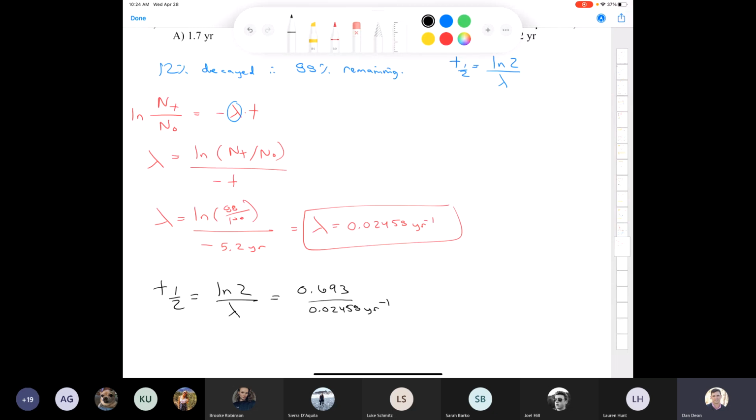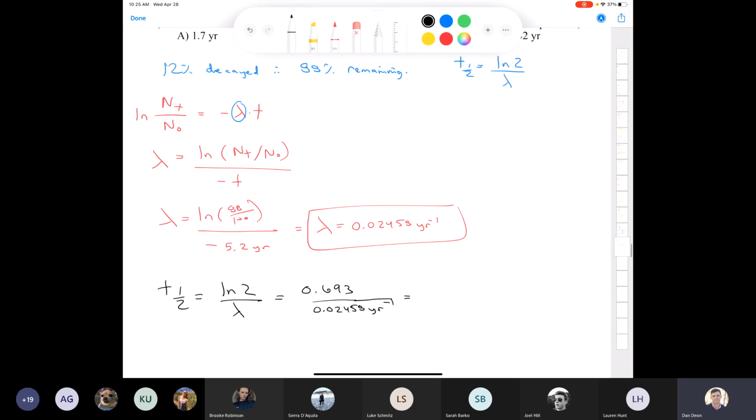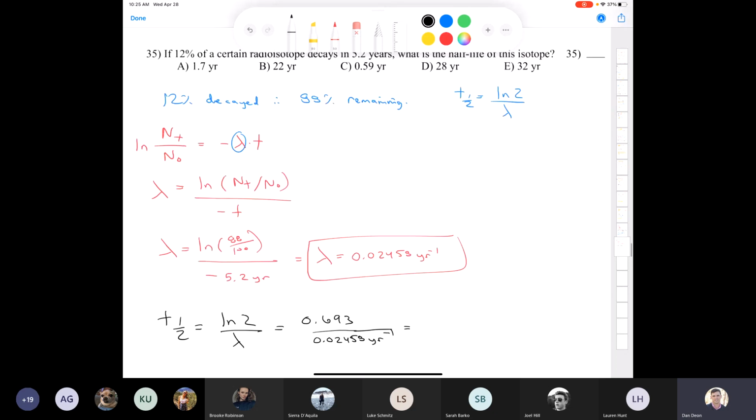My final answer should only have 2 sig figs, right? If I have reciprocal years in the denominator, my final answer will be in years. And I ended up with 28.2 years, which, since it's only got 2 sig figs, is 28 years. And so the answer is D, 28 years. Again, you'll be provided with this formula and this formula for your exam.